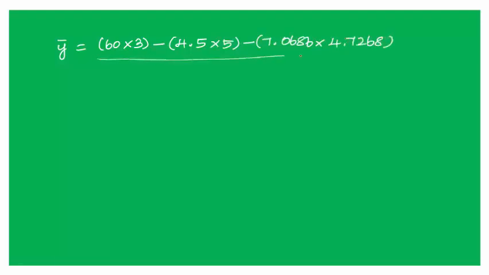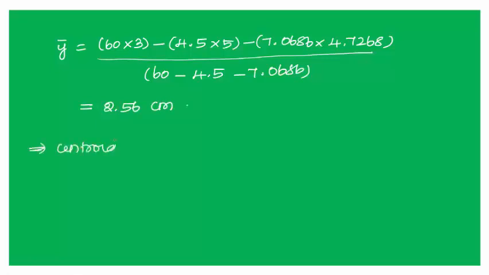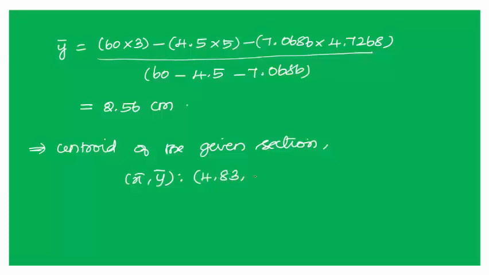Now we can calculate y bar as A1 into y1 minus A2 into y2 minus A3 into y3, the whole divided by A1 minus A2 minus A3. Okay, so the y bar value for the given plane area is 2.56 centimeter. So the centroid for the given section, x bar comma y bar, is 4.83 comma 2.56 centimeter.